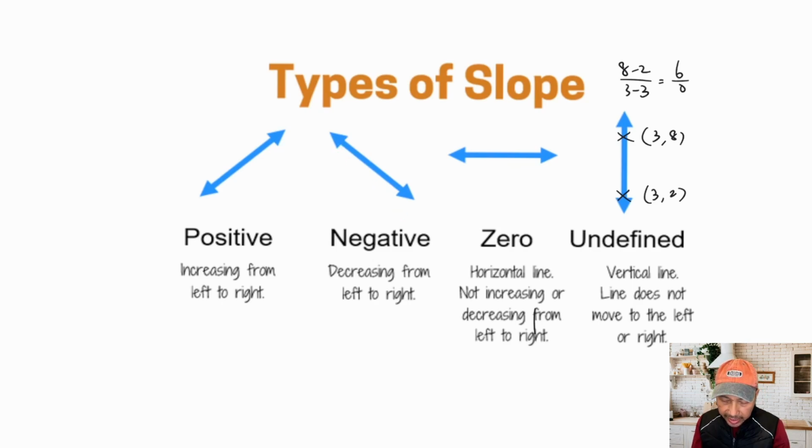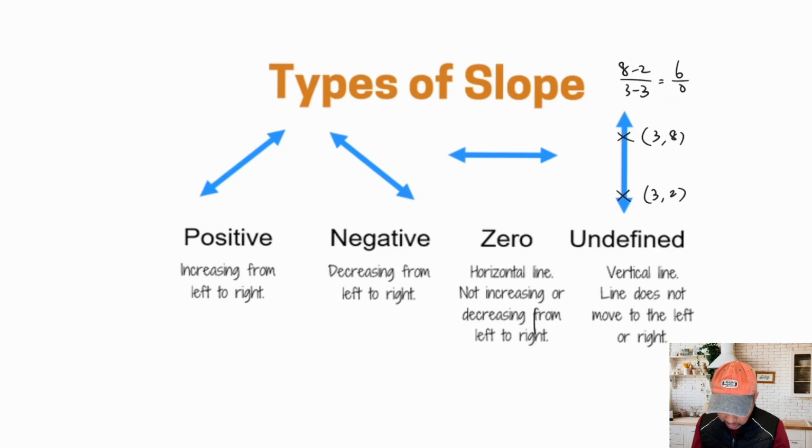A horizontal line has a slope of 0, while the slope of a vertical line is considered undefined. To illustrate why the slope of a vertical line is undefined, consider 2 points on such a line. The 2 points have the same x-coordinates, so the calculation for the slope would have a denominator 3 minus 3, which equals 0.